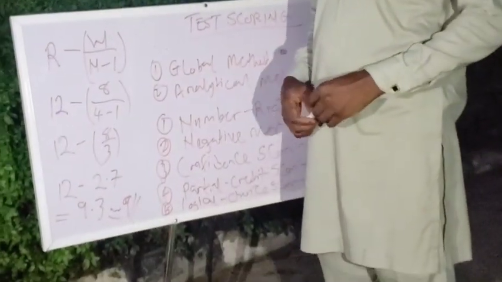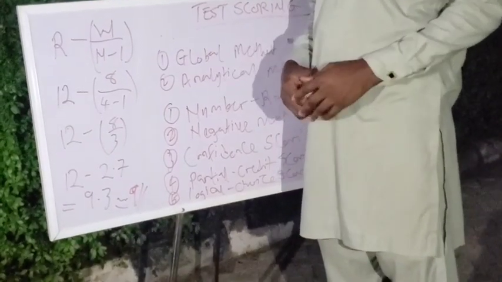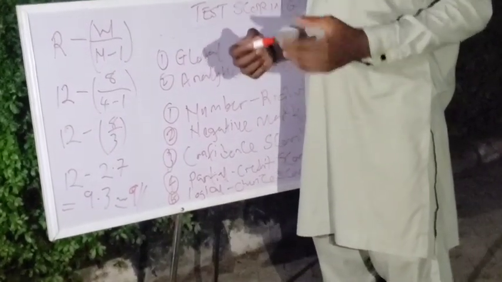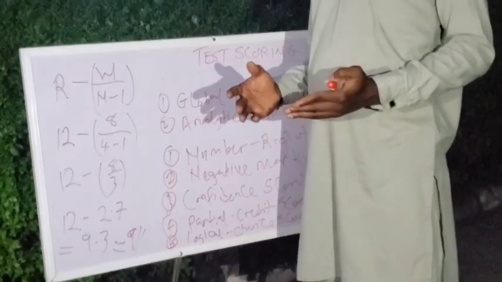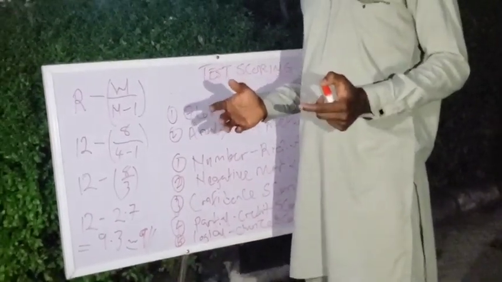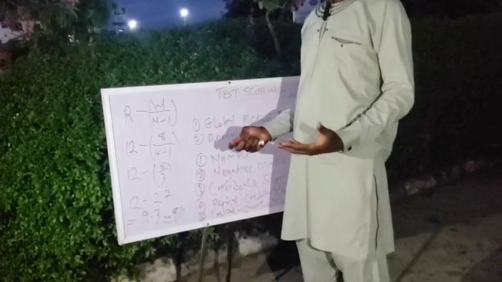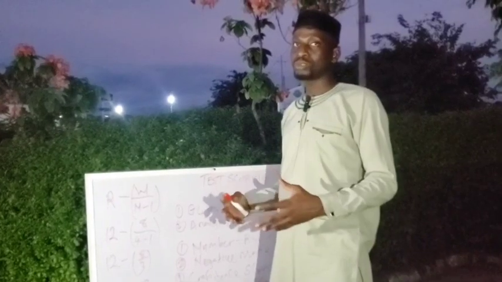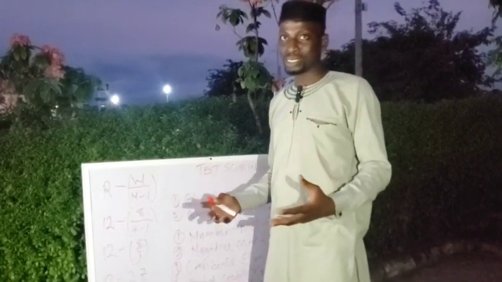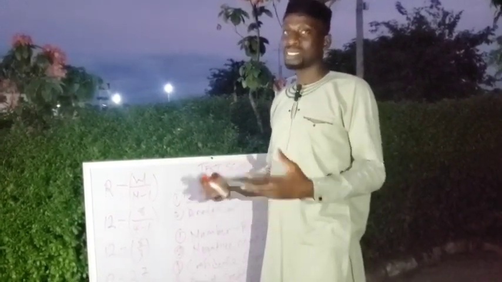And finally, we have the logical choice scoring method. This is usually used when all the options are correct but one is more correct than the other. I repeat, the logical choice scoring method is used when all the options are correct but one is more correct than the other.